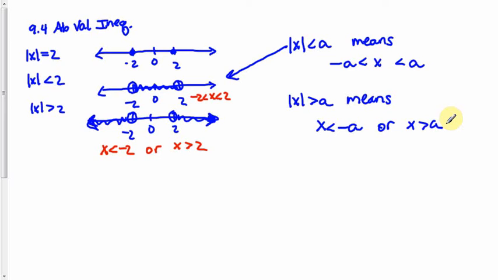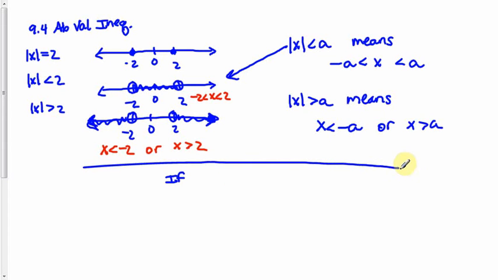So what I'm trying to tell you is this. If you are given a problem that says the absolute value of some stuff, I do not care what the stuff looks like inside there, is less than a number, you are going to assume it is an intersection problem.